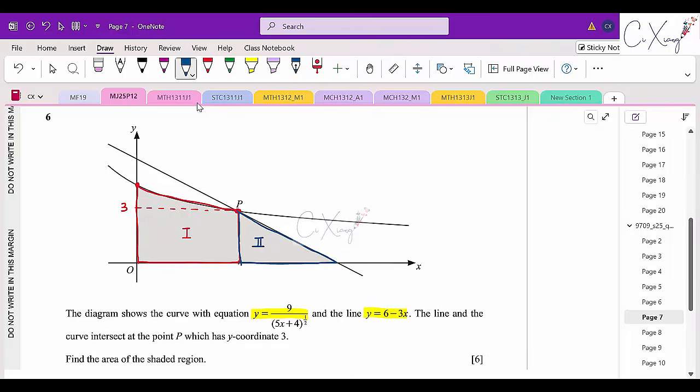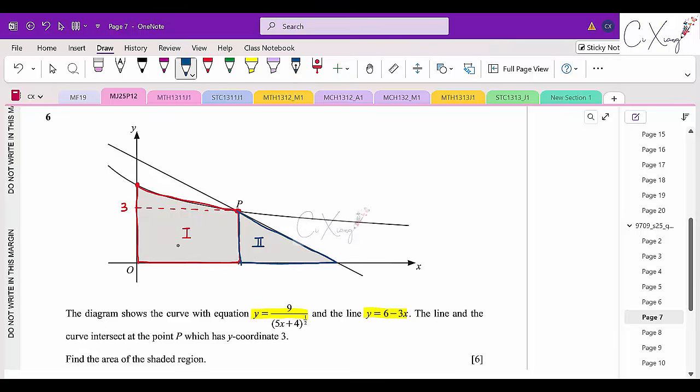We separate it into 2 parts. First part, under a curve: to get the area, you have to apply integration. Second part, it is under a line. Of course, if you want to integrate, the line also can. But because it is a nice right angle triangle, it is easier for us to apply the area formula for the right angle triangle to get the answer, which is much easier, I feel.